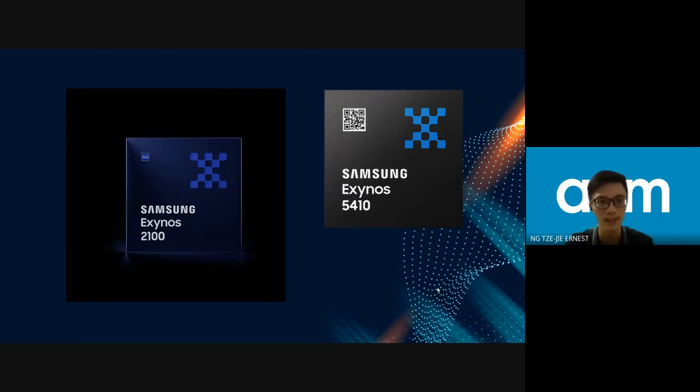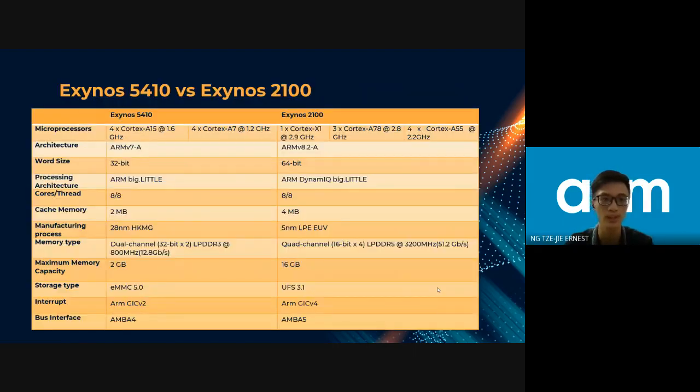As we can see, the Exynos 5410 uses the ARMv7-A profile instruction set architecture with 32-bit word size. The processing architecture is ARM big.LITTLE with 4 high performance cores, the Cortex-A15, combined with 4 power efficient cores, the Cortex-A7.